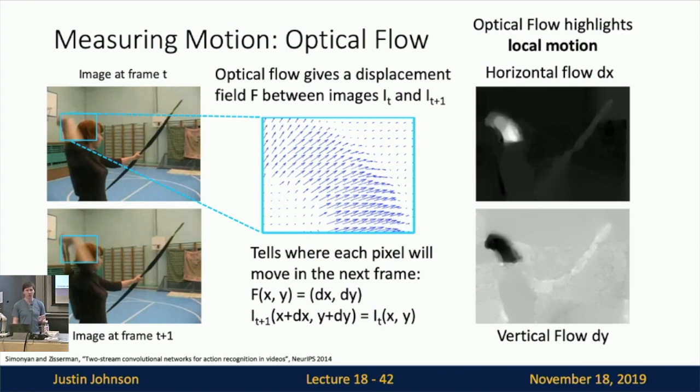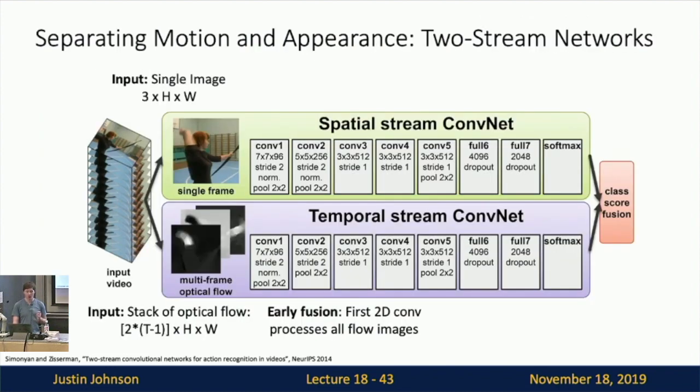So optical flow is now this very low-level signal about motion that we can feed to CNNs to allow them to more explicitly disentangle the appearance of what's going on in videos from the motion of how the pixels move. That leads us to a very famous architecture for video recognition called the two-stream network.